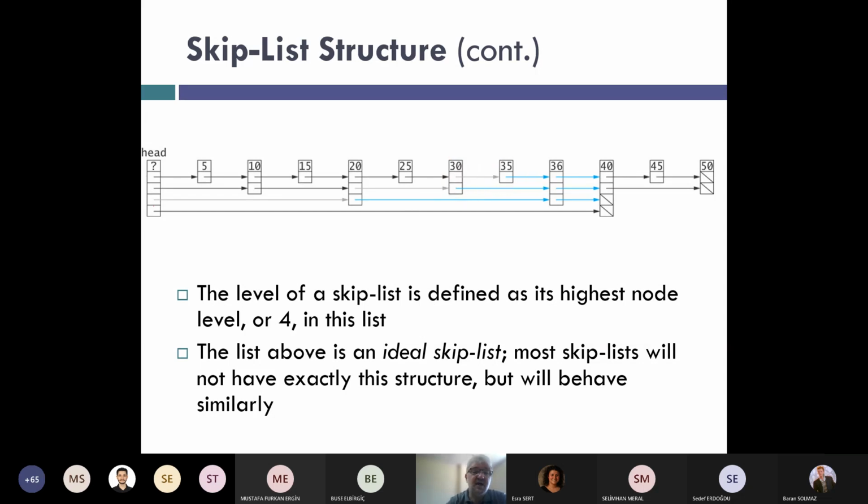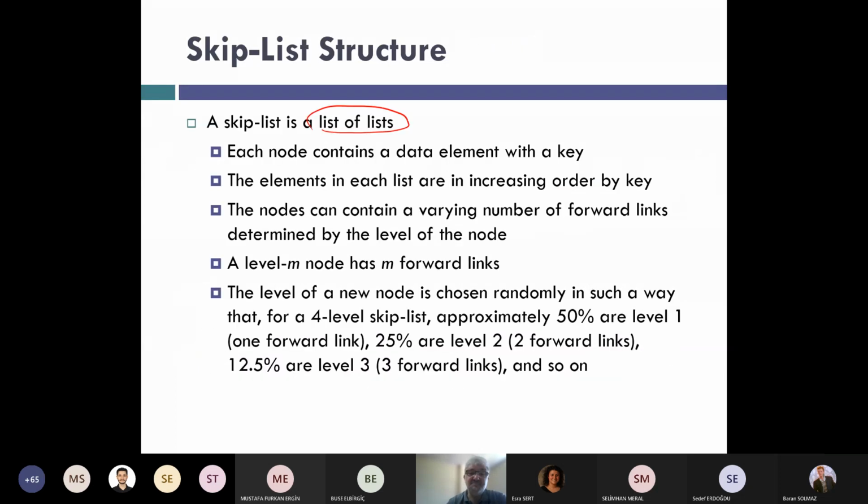Here we have 4 linked lists, 4 heads, as you see. We have several heads for several linked lists. A node can have a varying number of forward links.